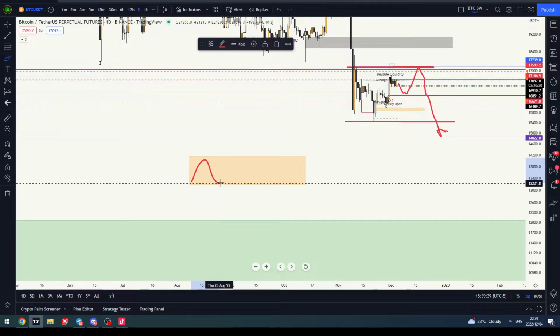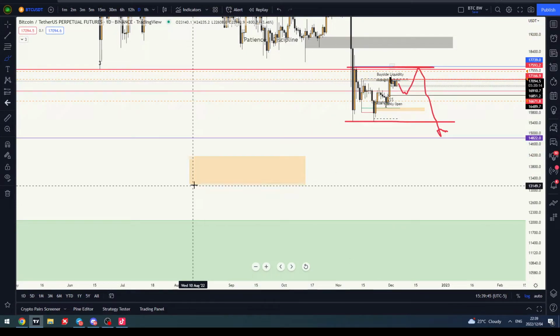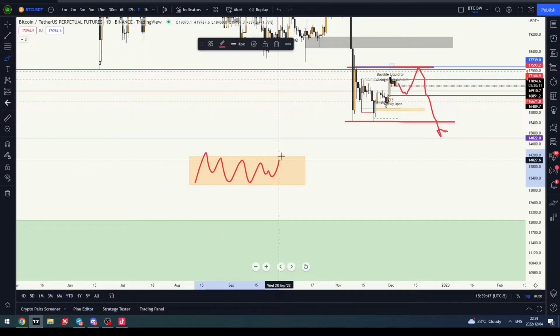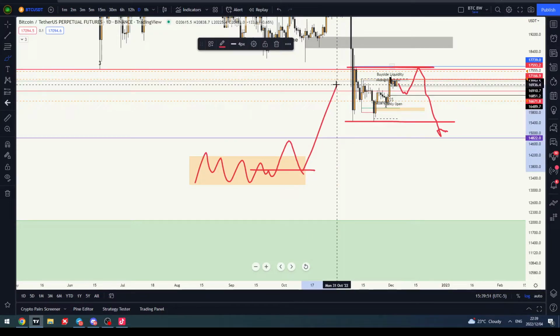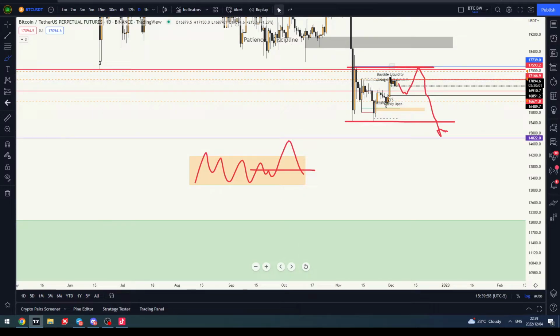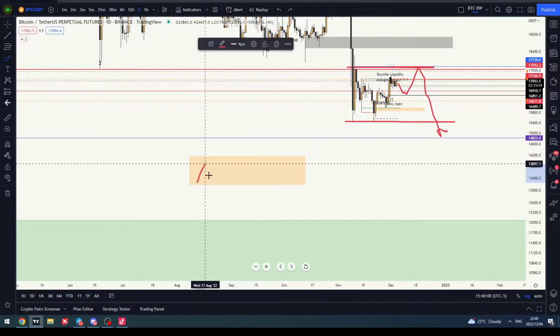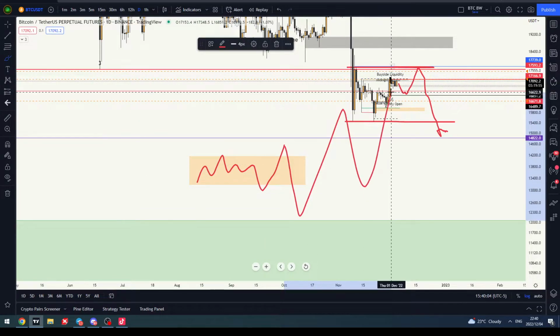If this is a consolidation that we are in, price doesn't magically just start shooting up. If this was a consolidation, price would do that, then it would come back to equilibrium and then move away, right? So this would be the move that we would look for. Or price would seek liquidity, either top side, then lower, then higher, right?